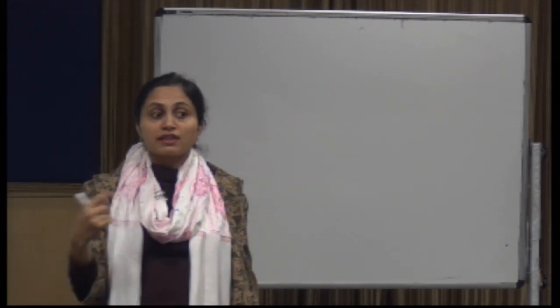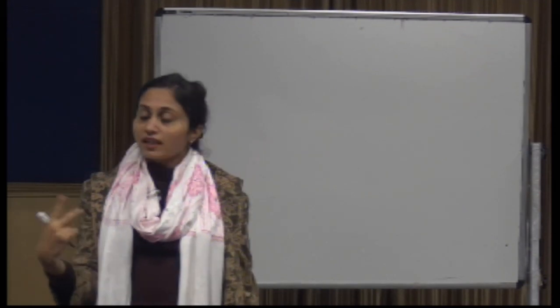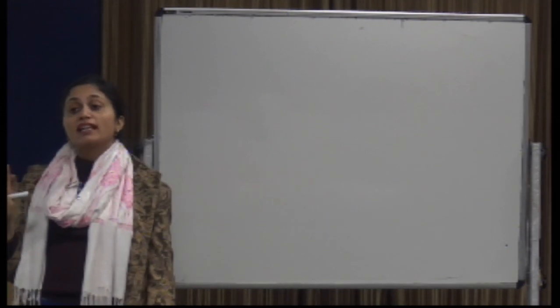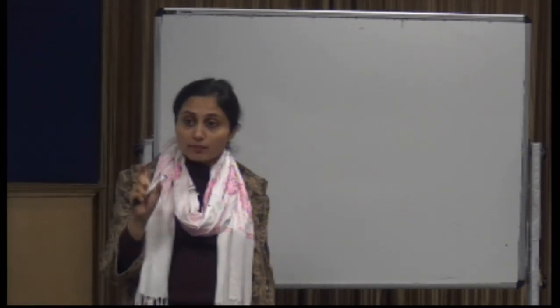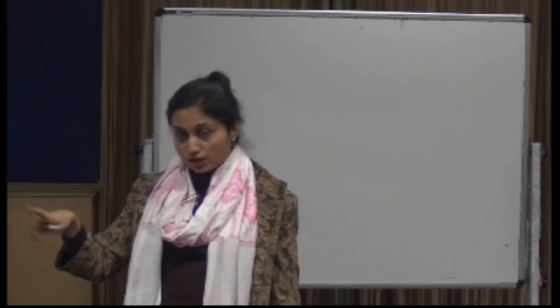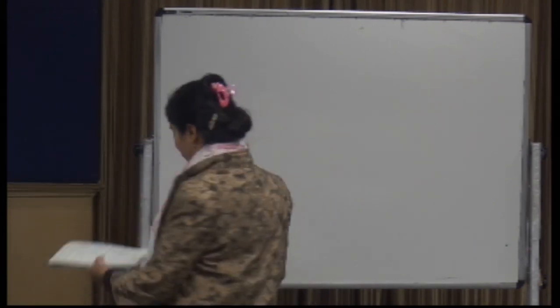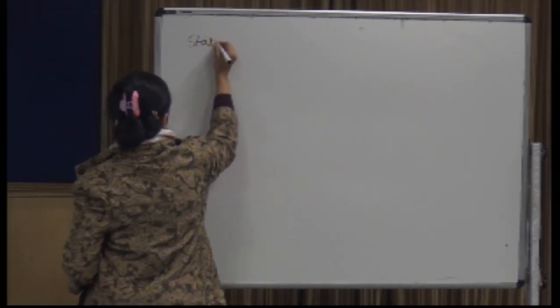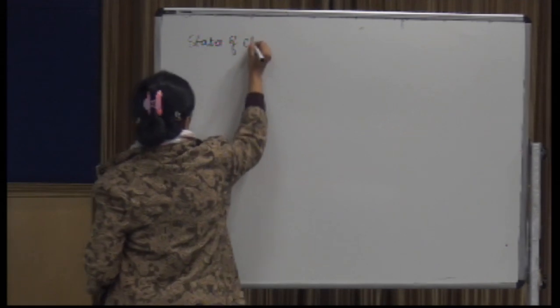What were those? We discussed the mechanical equilibrium, then the thermal equilibrium. Another one was the chemical equilibrium. Now chemical equilibrium is the one in which there is no further change in the composition at a particular temperature. So when we talk about the states of chemical equilibrium, it can be of three types.